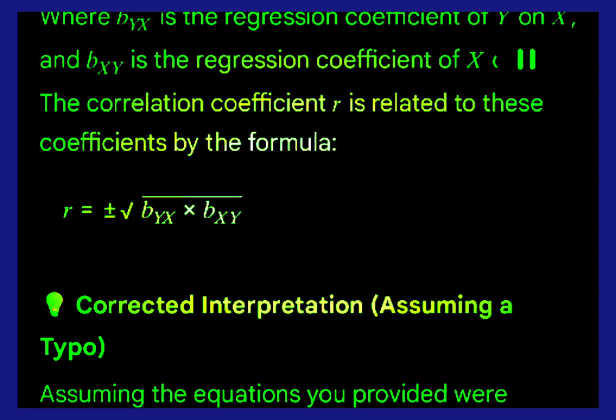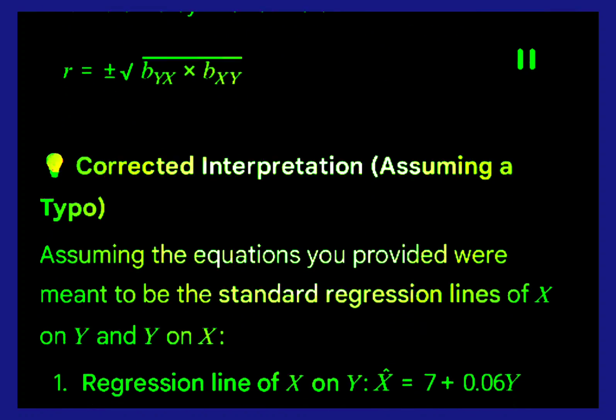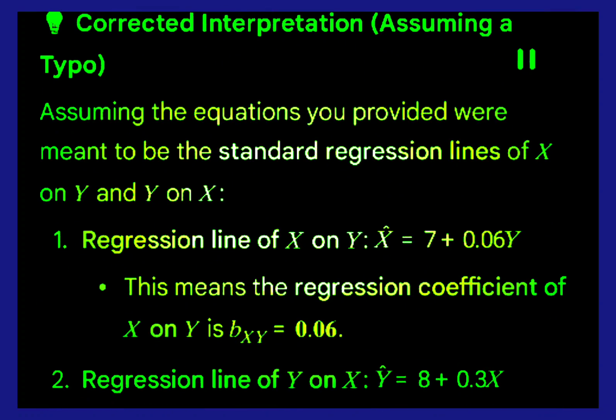Corrected interpretation, assuming a typo. Assuming the equations you provided were meant to be the standard regression lines of x on y and y on x: 1. Regression line of x on y, x-hat equals 7 plus 0.06y.